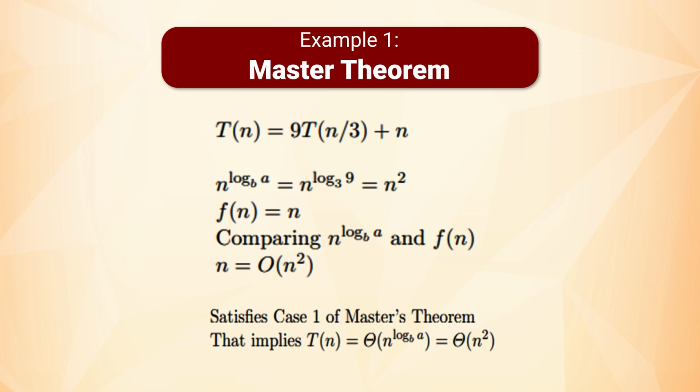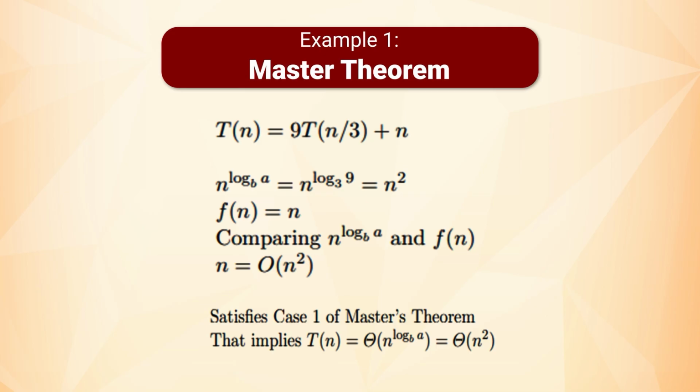So, you have to compare n to the power log A base B and F n. Which one is greater? n square is greater. So, obviously, F n is big O of n square. This is the first case of master theorem. What is the first case?